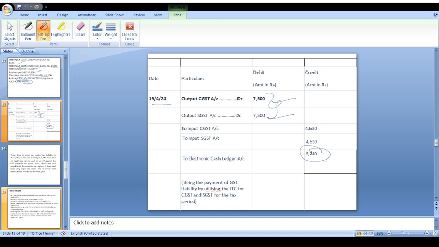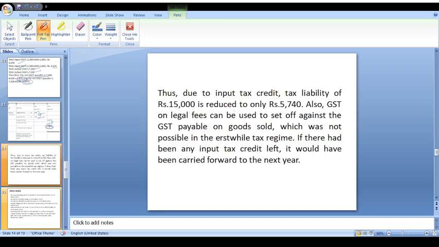Add all these values and subtract this value, you will get this value. And the payment of GST liability by utilizing ITC for CGST and SGST for the tax period. Thus, due to input tax credit, tax liability of 15,000 is reduced to only 5,740.